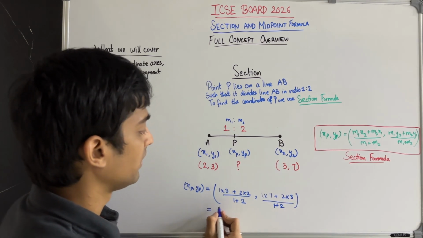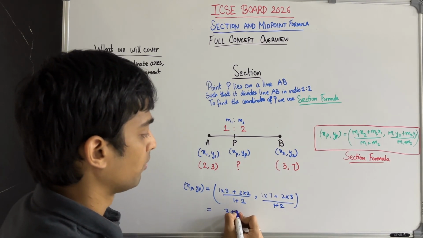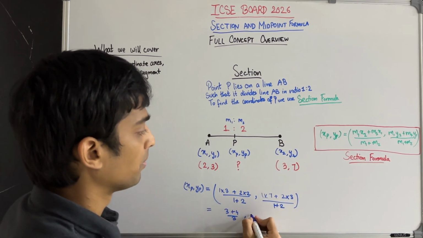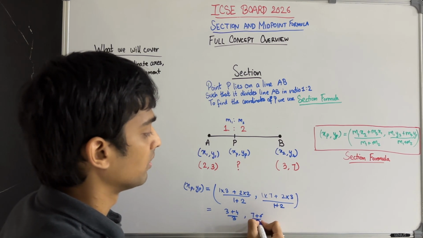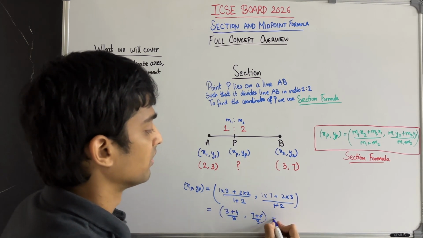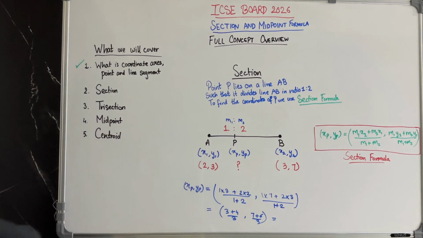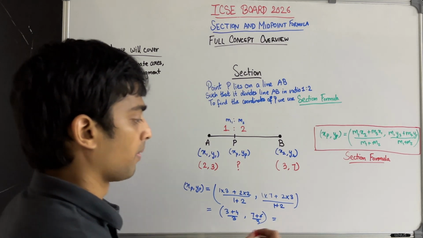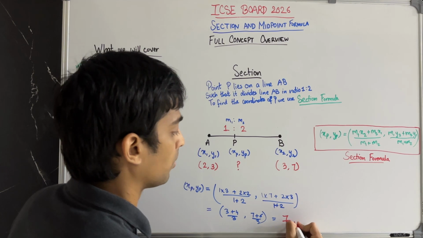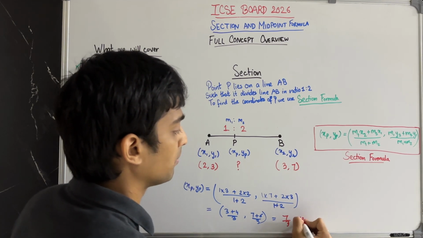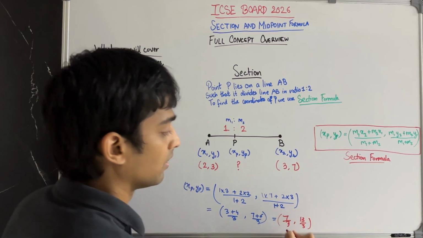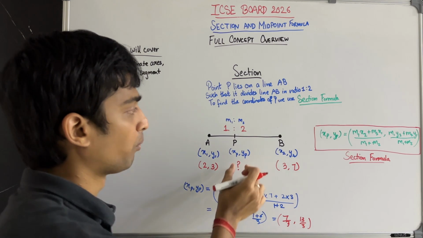So after solving this, we get 3 plus 4 upon 3, comma 7 plus 6 upon 3. So this will come as 7 by 3, comma 13 by 3. This is the coordinate of the point P.